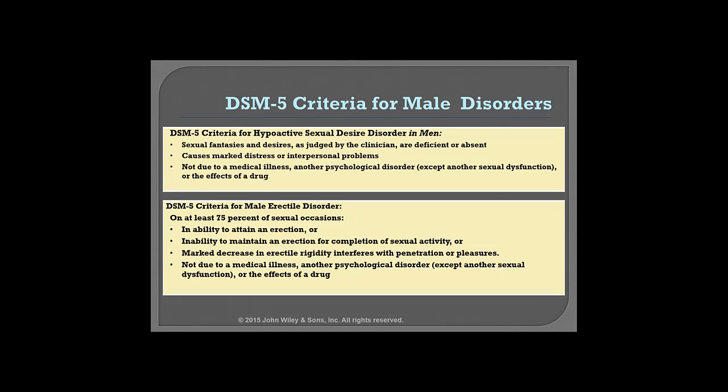When we consider the criteria for male erectile disorder, on at least 75% of sexual occasions, there is an inability to attain an erection, an inability to maintain an erection, a decrease in erectile rigidity that interferes with penetration or pleasures, and again, not due to medical illness, psychological disorder, or the impact of drugs.